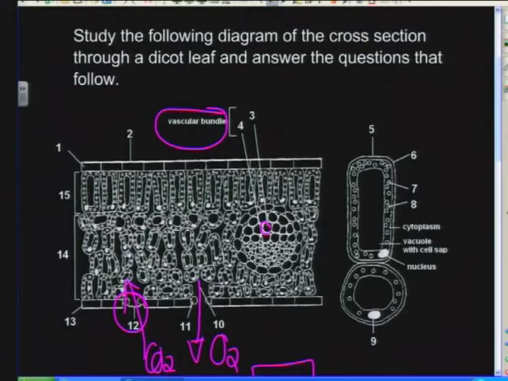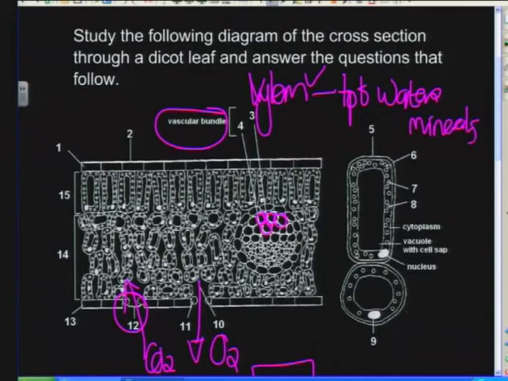The nice big open ones, that's always your xylem. So number 3 is going to be xylem. For 1 mark, don't forget the rest of the question. Xylem and what it transports. It transports, TPT is my little thing for transport, water and minerals.